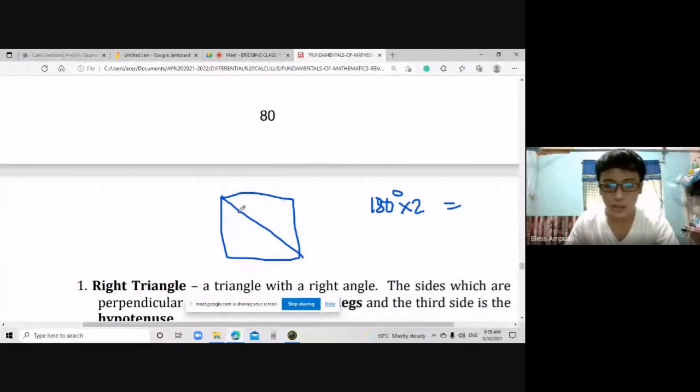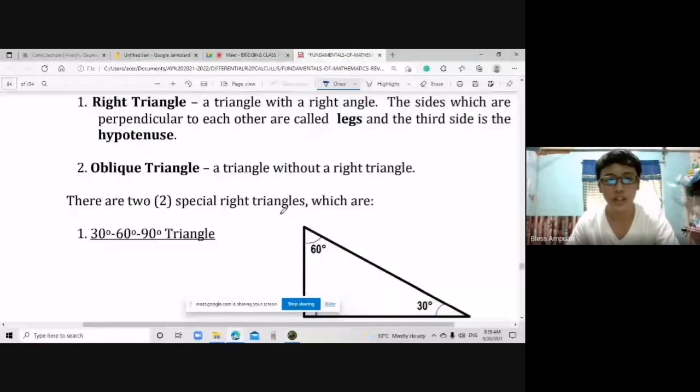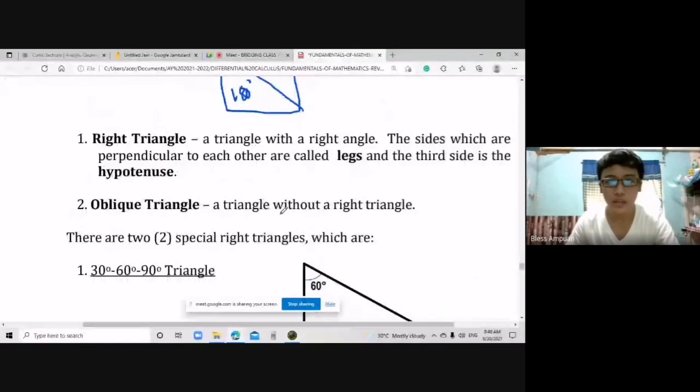So if the total of one triangle is 180, then this is also 180 times 2. But the measurement for each angle is not necessarily equal, so it depends on the problem if they are congruent or not. So now the first one is about the right triangle.